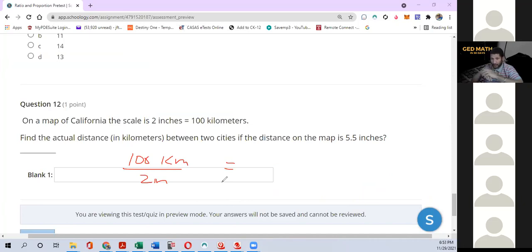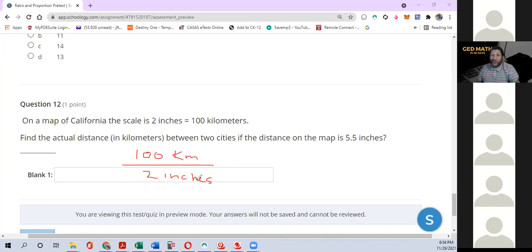I think so, but I don't know what you wrote next to the 100. Okay, I'm sorry. Let me write a little neater. 100, the abbreviation for kilometers is km, over 2 inches. She set it up like this and didn't know what to do next.